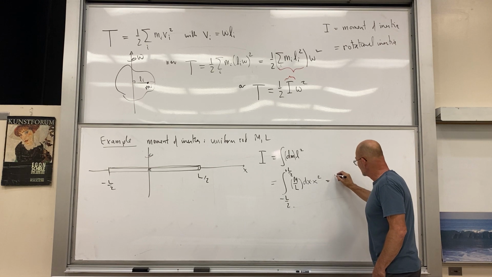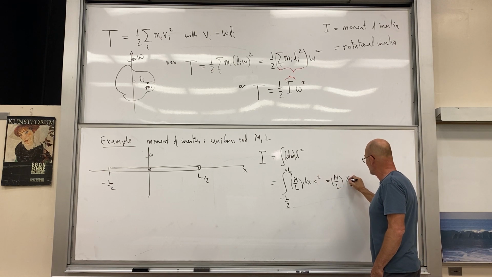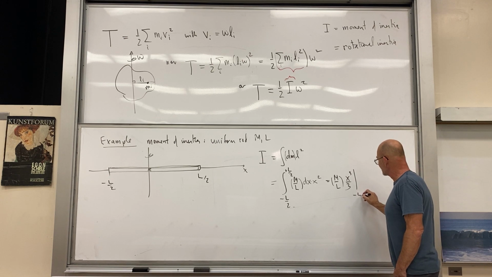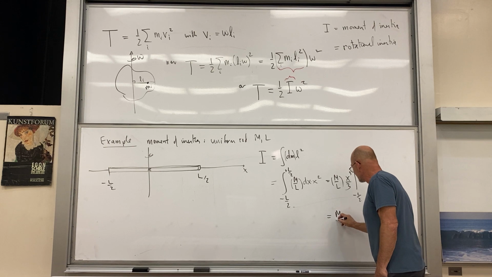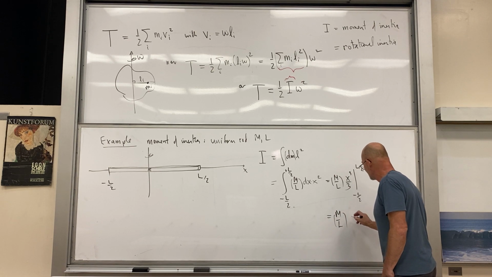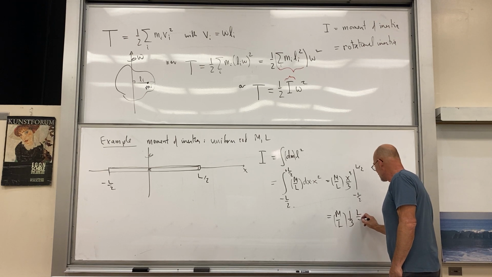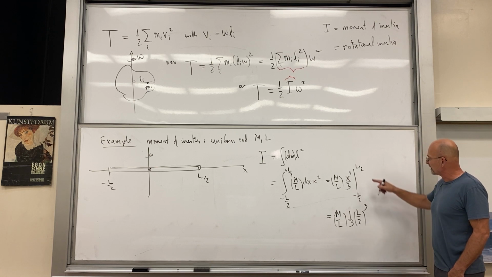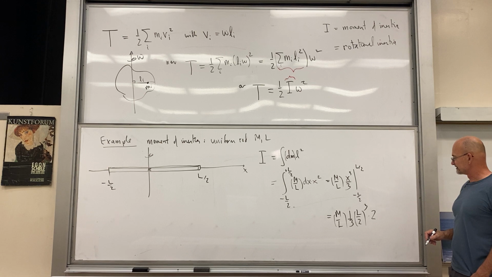Okay, so this is good. M over L times x cubed over 3, evaluated from minus L over 2 to L over 2. So we're going to have M divided by L, a third, and we have L over 2 cubed, and because it's from plus to minus L over 2, we have another factor of 2 in there.